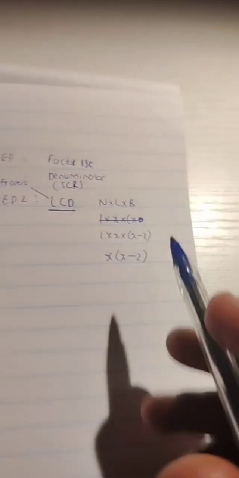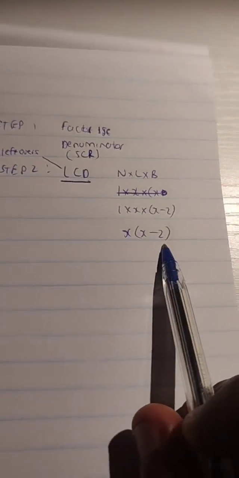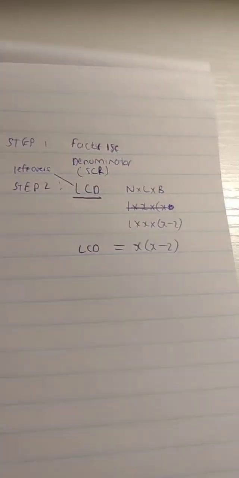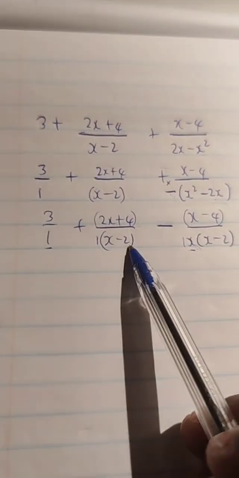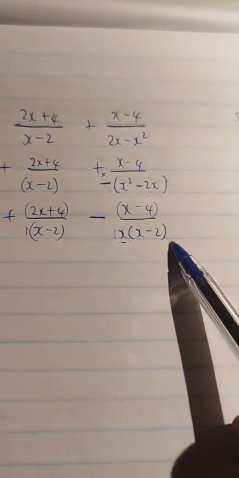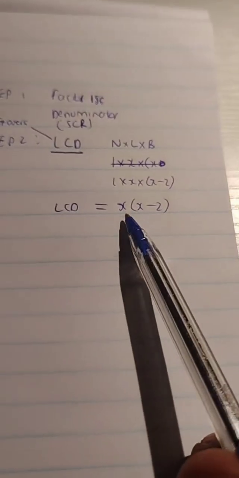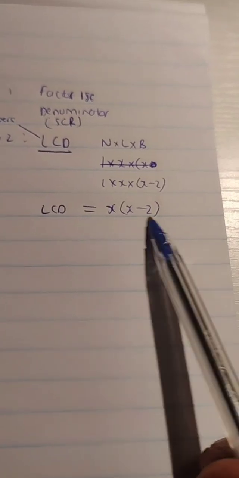So all in all, my LCD is x into x minus 2. This, guys, is my LCD for 1, x minus 2, and x into x minus 2.